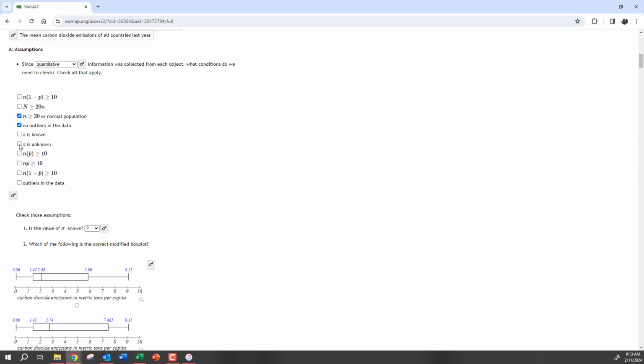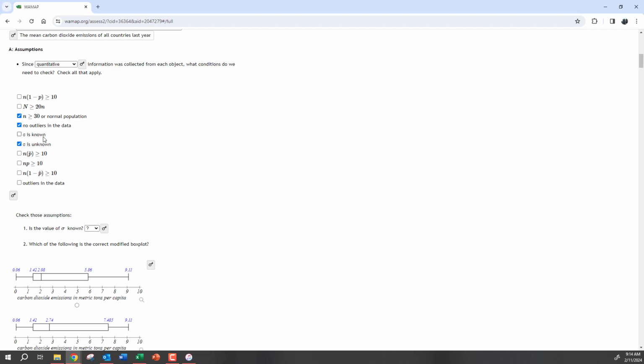So sigma is unknown. The rest of this stuff, these are all things that are trying to trip you up, thinking that it's binomial when it's not, and all sorts of other stuff. Now, if sigma was known, then we would be doing all of these computations on the standard normal curve, the z curve.